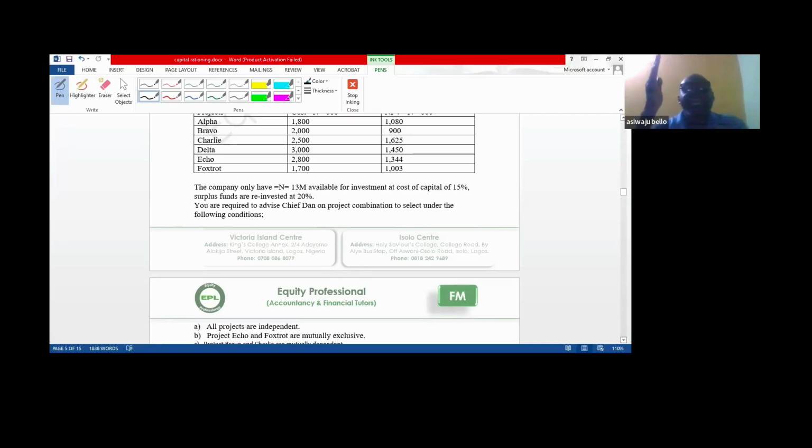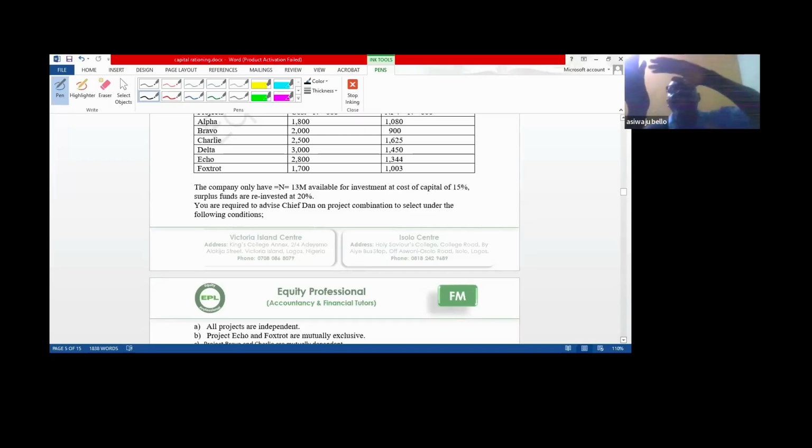If all projects are independent, then we are going to still compute our profitability index. But to do that, first, go and confirm, is there a capital rationing?